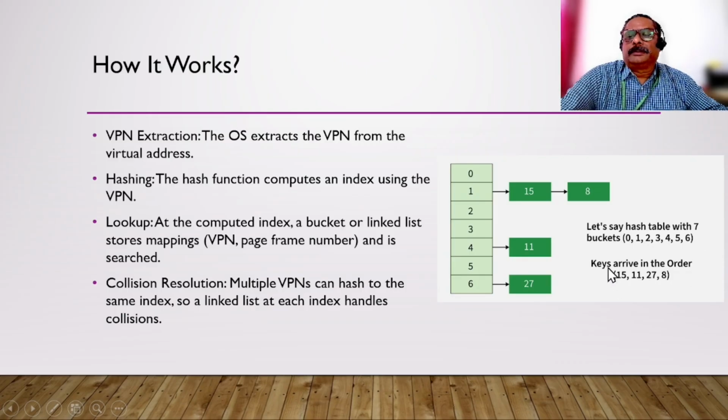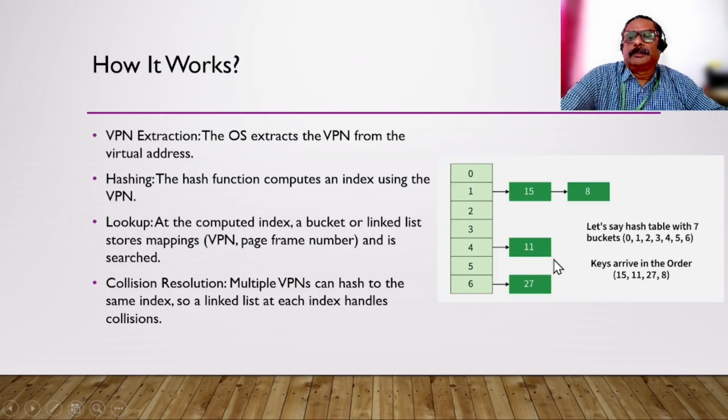Assume we are storing our values in this order: 15, 11, 27 and 8. If you divide 15 by 7, the remainder is 1, because 14 is a multiple of 7, so 14 plus 1. Therefore the index in the hash is 1, and under 1 we add 15.